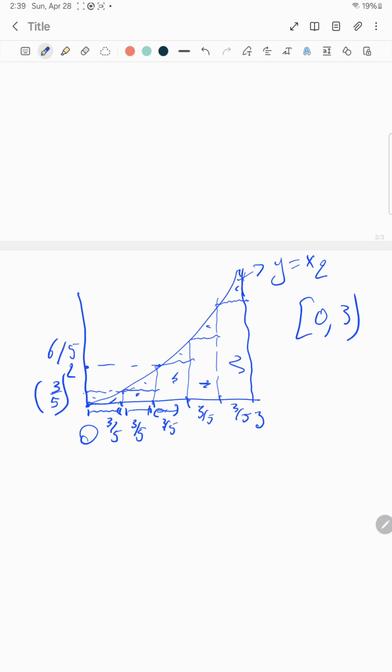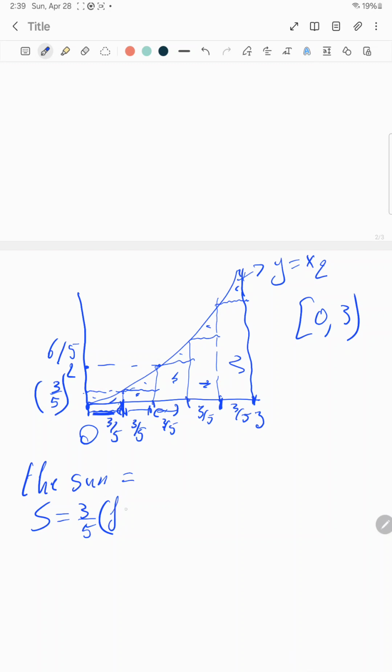So the sum of the rectangles, I'll call it S. Because the width here is 3 over 5, the first time I will start from here to here, and then I will do another sum starting from that point to this point, and the area is going to be between those 2 points.